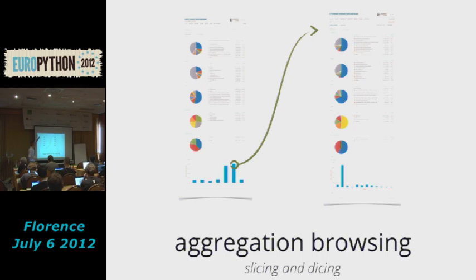For example, you have a report split by year, and if you are interested in a year, you get the same report for that particular year, split by month. If you click on the month, you get that month, split by day, and so on. So it's a framework for creating applications like this.